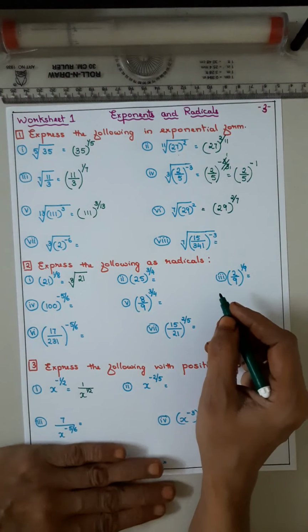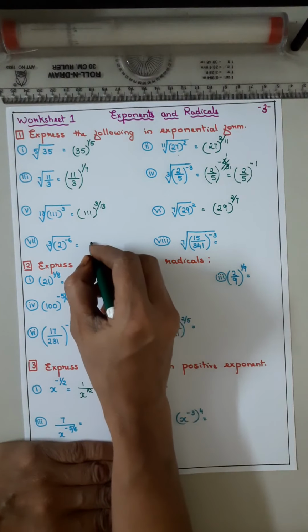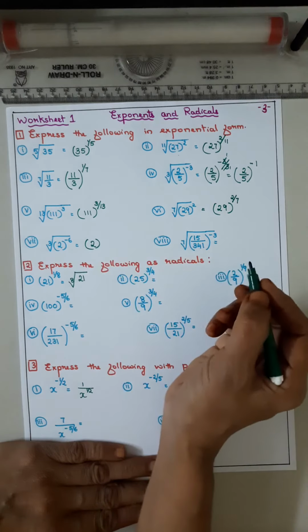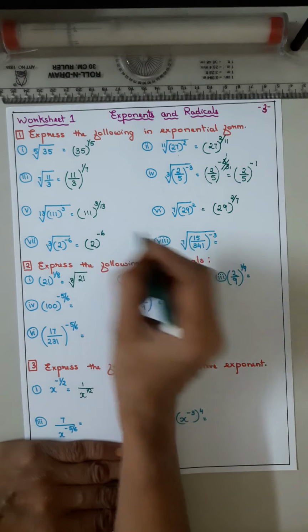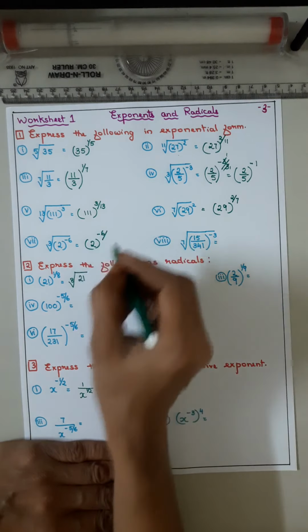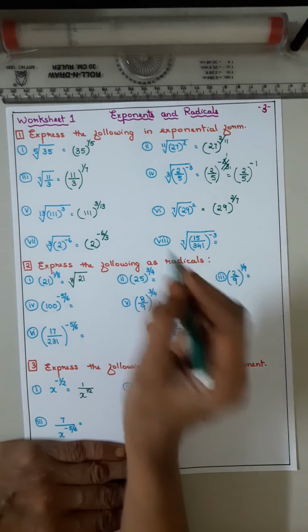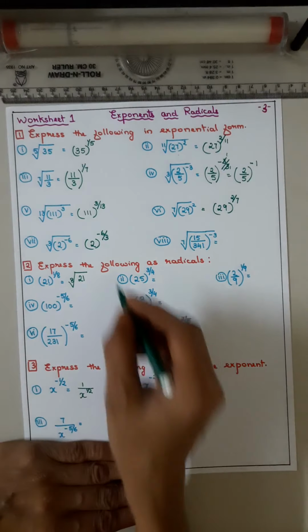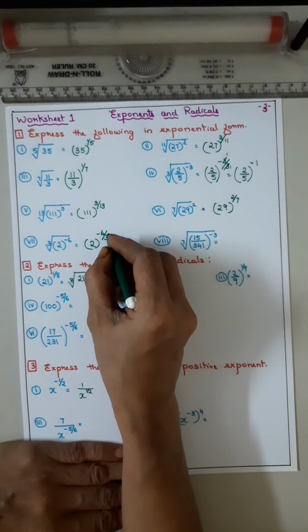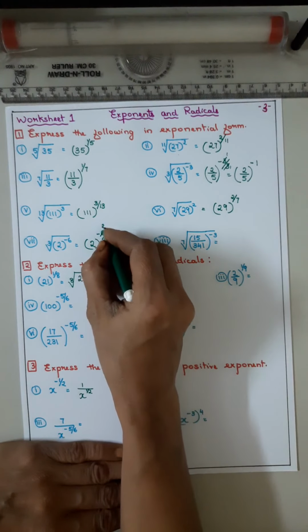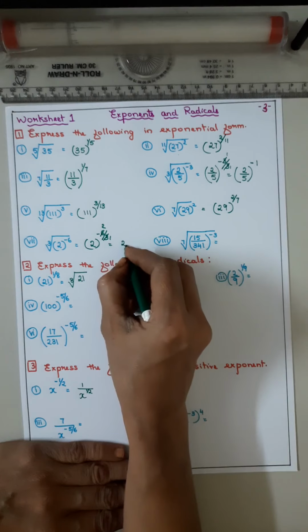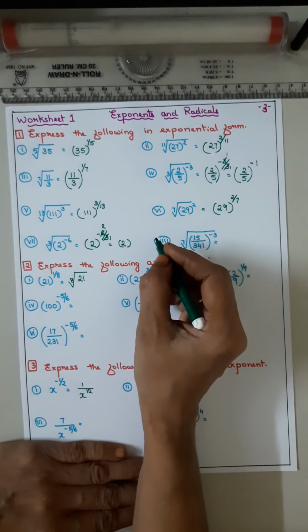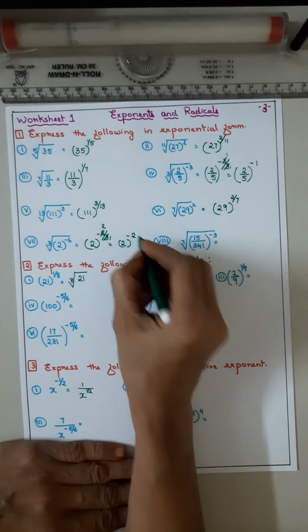Now here it is a 2 base, power is -6 and index is 3. Now 3 and 6 are multiples, so 3 ones are 3, 3 twos are 6. So you got 2 to the power how much? -2.